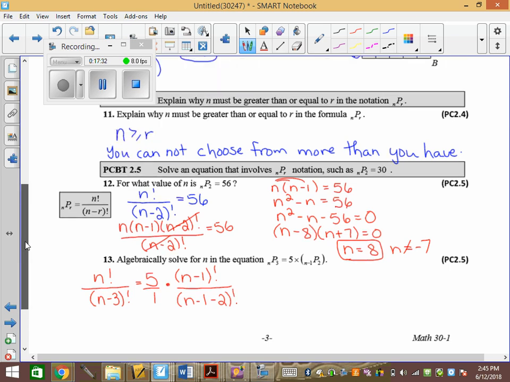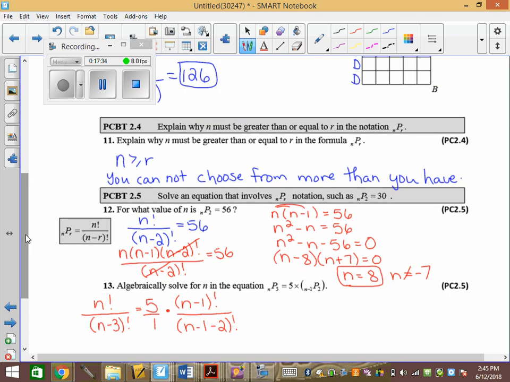I'm just going to show you something up here for a second. If I instead had nP n minus 2, let's say, I want you to go fill that into a formula. When your r is a binomial, you have to remember to subtract the whole binomial. So this would be n factorial over n minus 2 factorial.